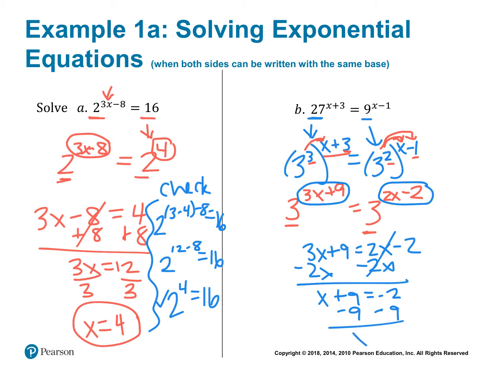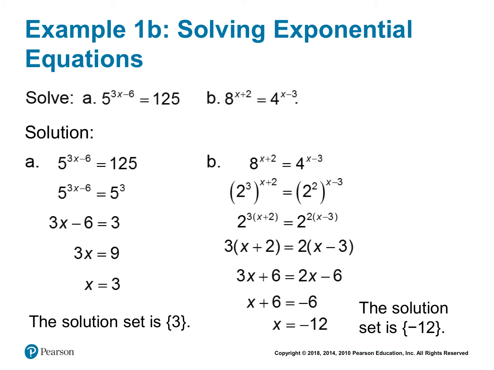And I'm going to get x equals negative 11. Okay, so if you wanted to double check this, you would put this negative 11 in for both x's and see if you get both sides to be equal to each other. And 1b is just some step-by-step examples that you can look at on your own.